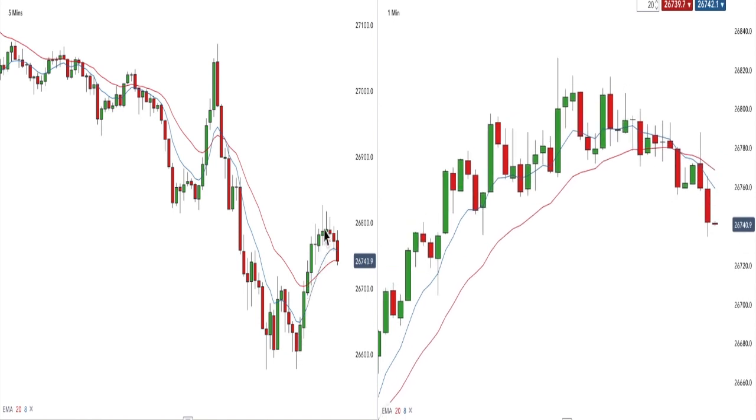This was a big uptrend leg, and it weakened and weakened and weakened, and eventually it's toppled over. That doesn't mean that price is going to go all the way back down here.